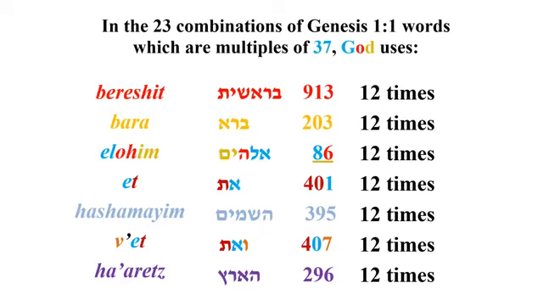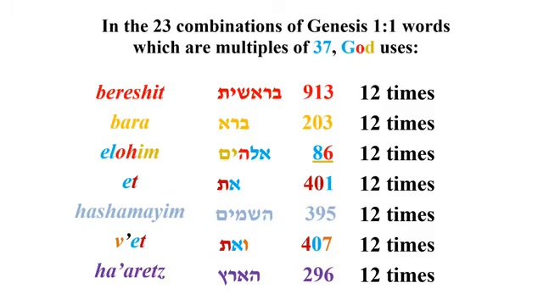Not only does he take those 7 words and put them in all these different combinations that are multiples of 37, when he takes all of those words, he uses each one of those words exactly 12 times.